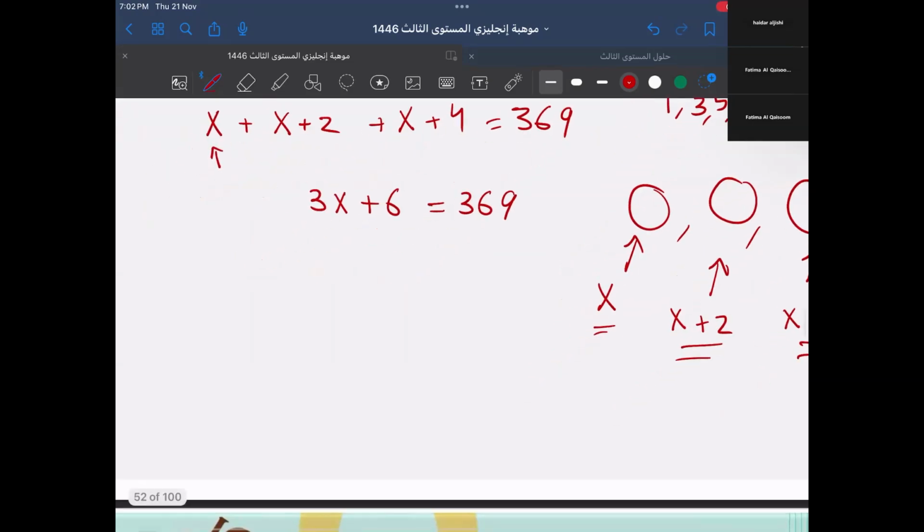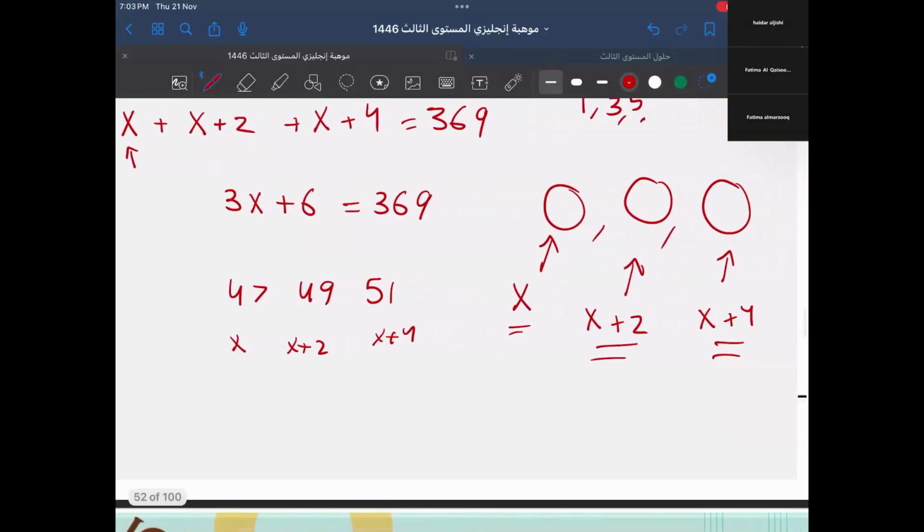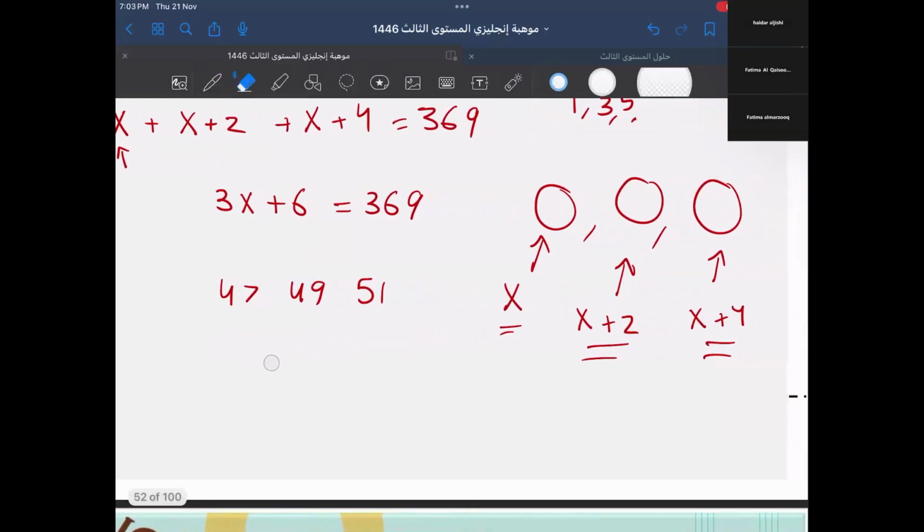For example, even if I have 47, 49, and 51, this is x, this is x plus 2, this is x plus 4. So this goes on any odd numbers. Okay, excellent.